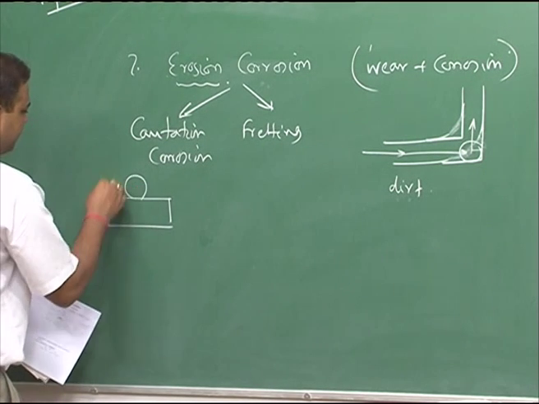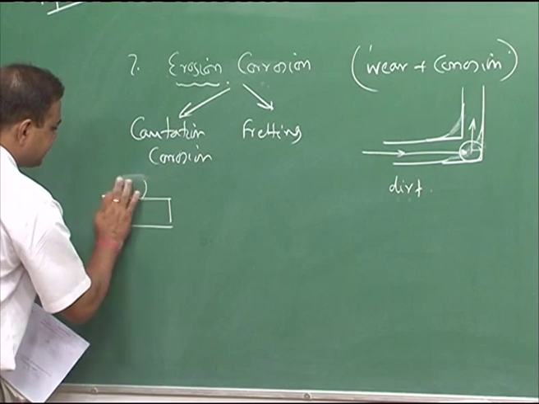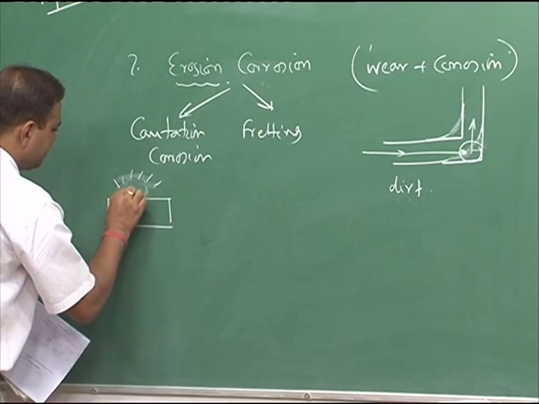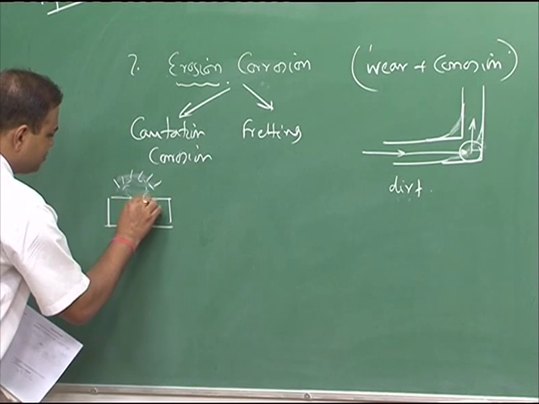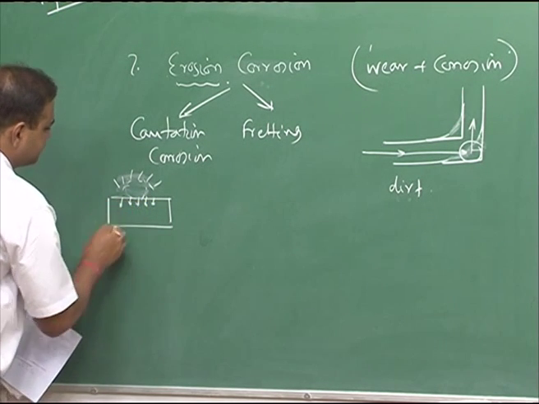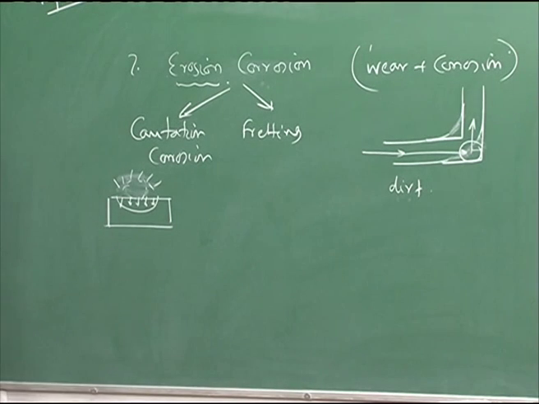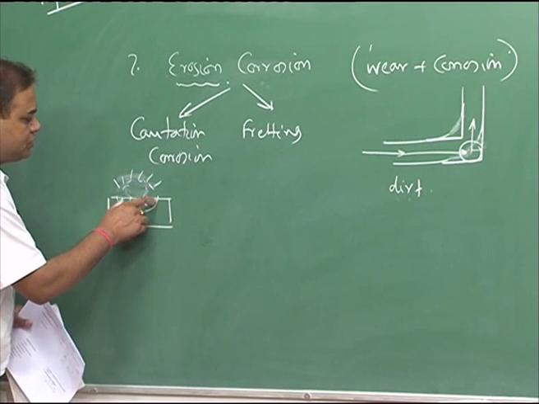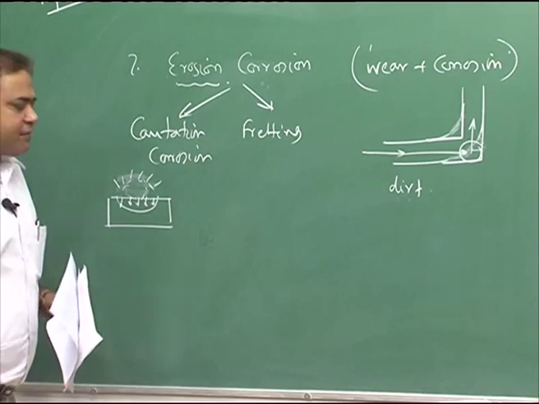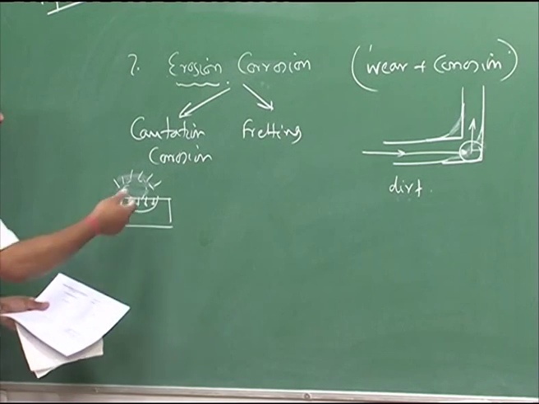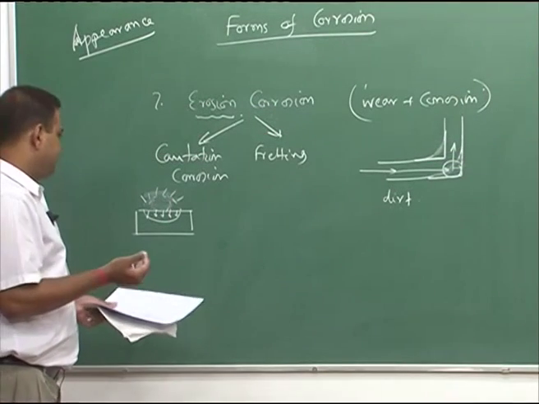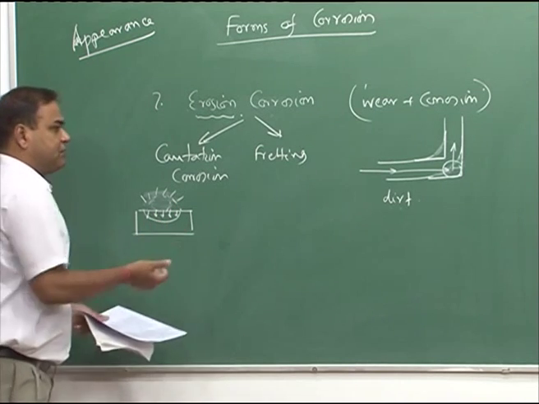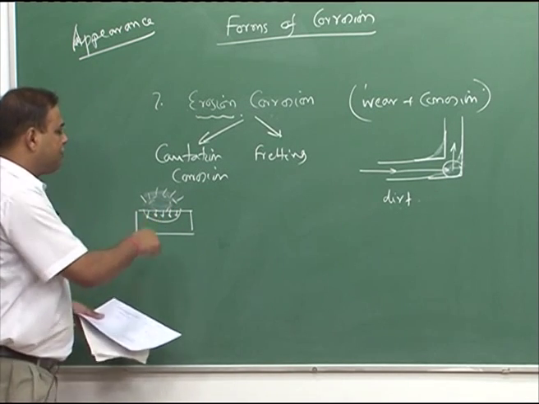Now, if the bubble collapses, it leads to a huge pressure on this metal zone where the bubble is collapsing, and this huge pressure can lead to a local breaking of the passive film, if there is any passive film, or if it is a normal metal which has no passive layer, it can locally deform this material.